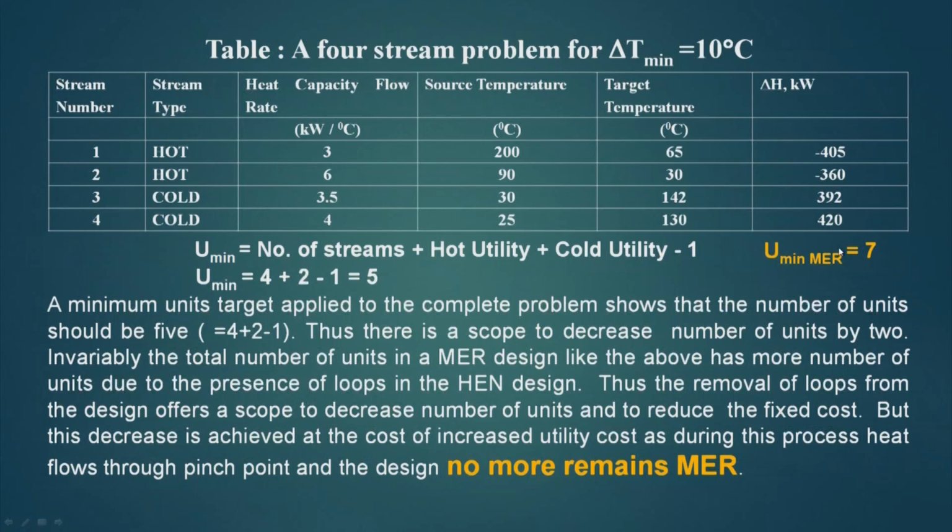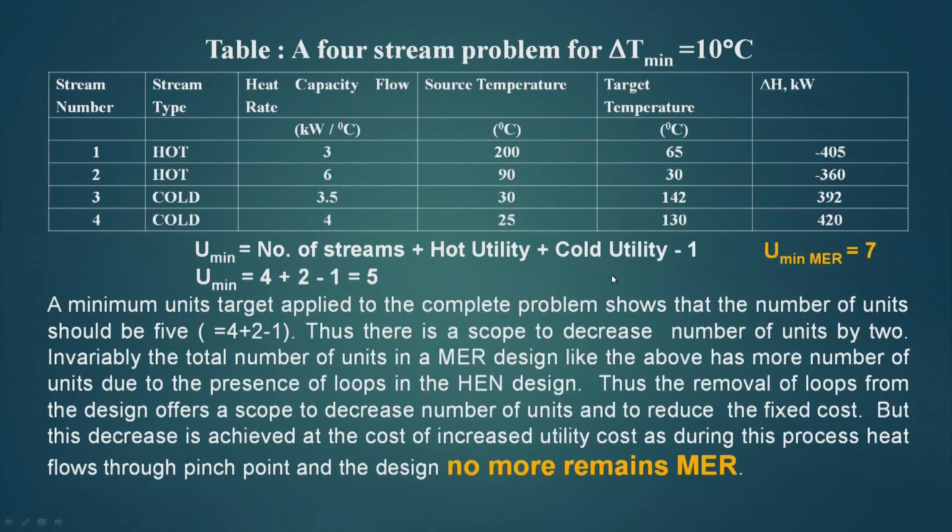But when I apply my units target separately to the hot end and separately to the cold end, I find that the minimum heat exchanger requirement is 7. So, when I am going for a MER design, U minimum MER is 7, when I apply my units target for hot end and cold end separately and then join them.